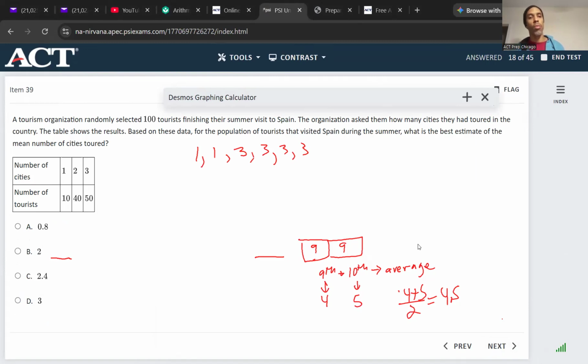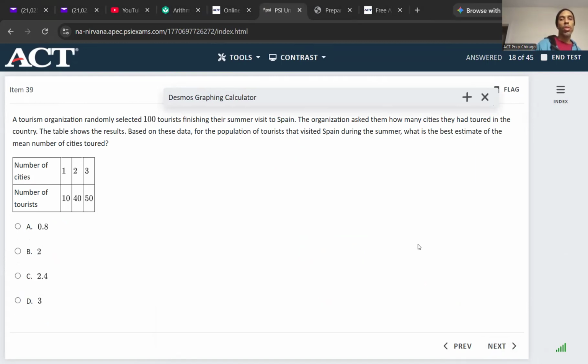A tourist organization randomly selected 100 tourists finishing their summer visit to Spain. The organization asked how many cities they had toured in this country. The table shows the results. Based on these data for the population of tourists that visited Spain during this summer, what is the best estimate of the mean number of cities toured?